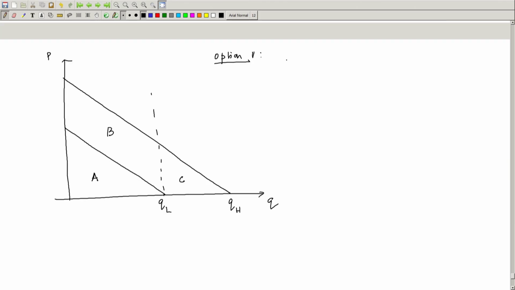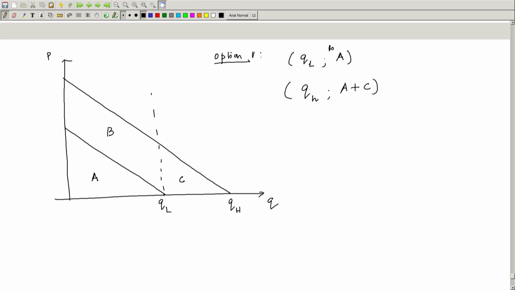So, if I offer QL units, a quality of QL, at A rupees, the problem was that the H type was getting a surplus of B. So, if I design a second contract which is offering QH quality at A plus C, now think of what is happening.